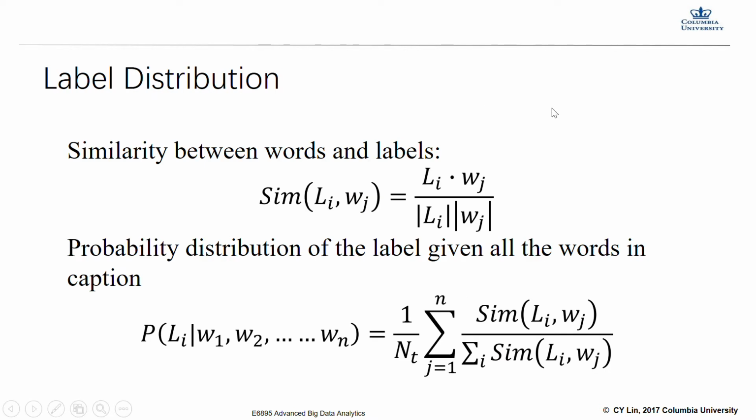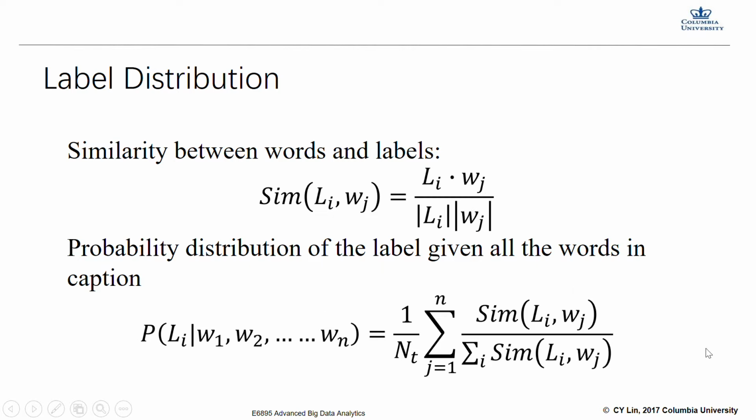And whenever we have such word embeddings, we calculate the distance between the words and labels. That is, you already have labels, and you calculate the distance from each of the words in your description to these labels.